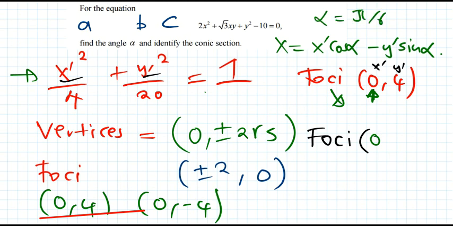So that's just a 0, and then this part minus, okay, minus what? Minus y prime, which is a 4, and then sine alpha, sine 30 is what? Half.